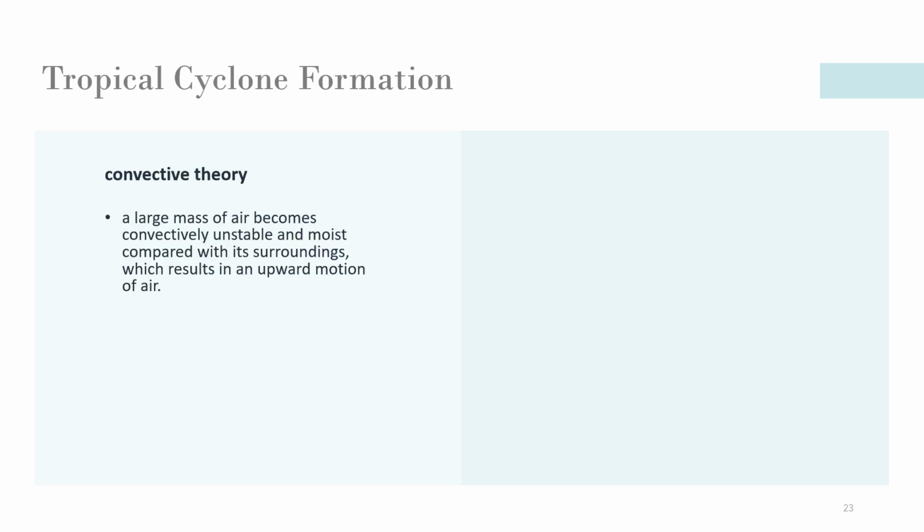This convective theory is saying that a large mass of unstable and moist air, compared with its surroundings, results in an upward motion of air.